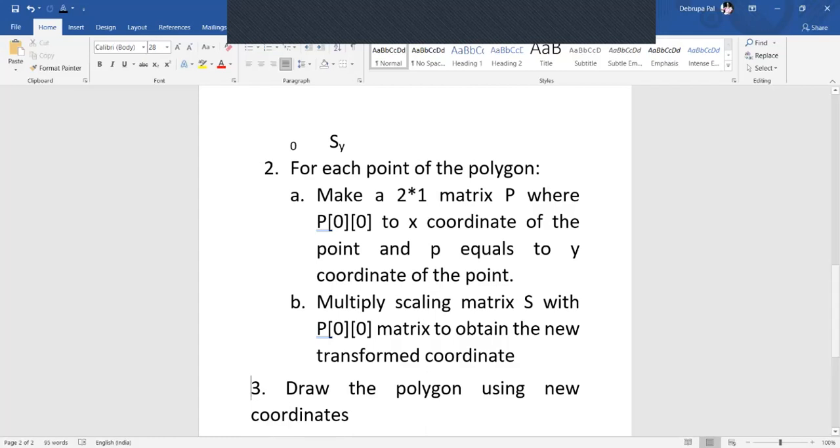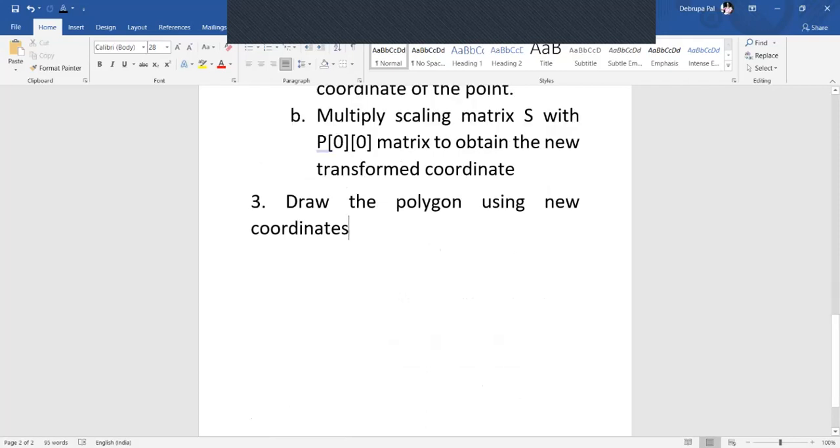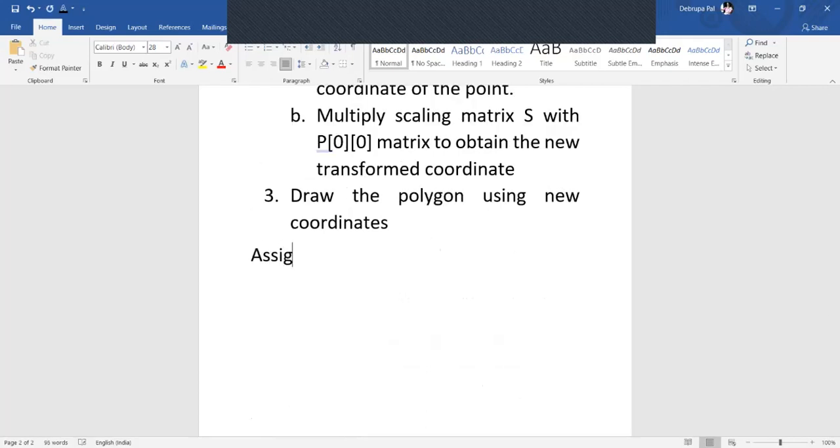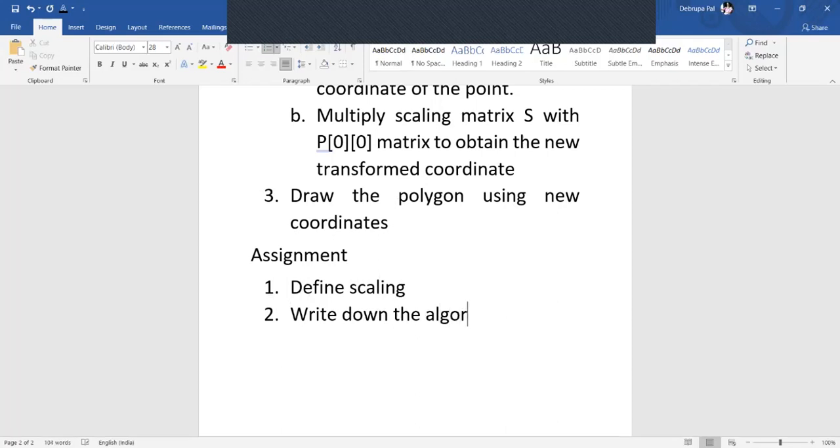Now, after this class, all of you must note down the assignment. The first assignment is: define scaling. The next one is: write down the algorithm used in scaling.